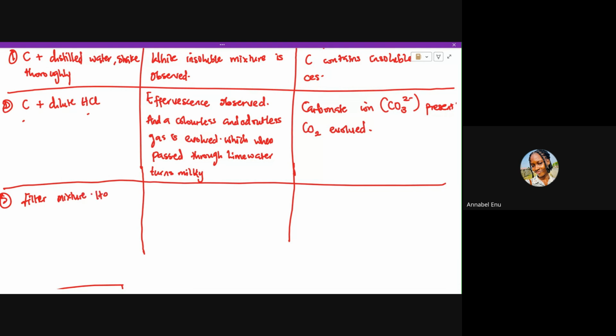Then maybe you can be asked to heat the filtrate and allow it to cool. Now in this step, a white precipitate will dissolve on heating and it will reappear on cooling.